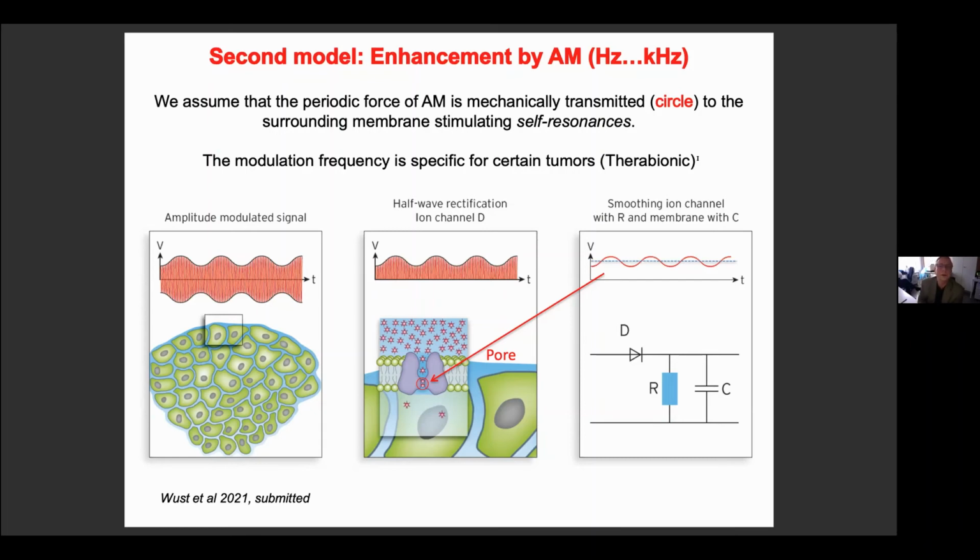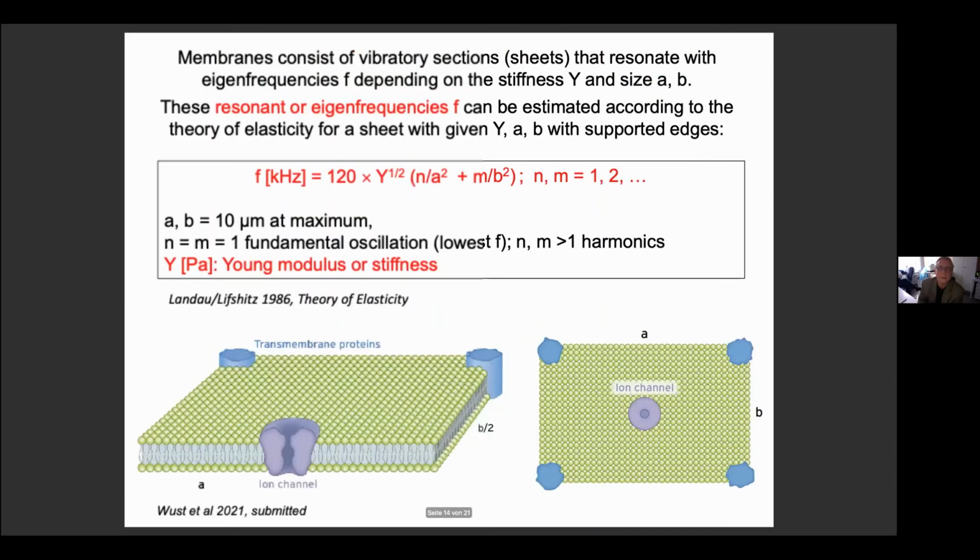Membranes consist of vibratory sections that resonate with eigenfrequencies f depending on the stiffness. This is a Young modulus and the size A and B. You see this is the size of the section A and B, and the section is here fixed to some transmembrane proteins.